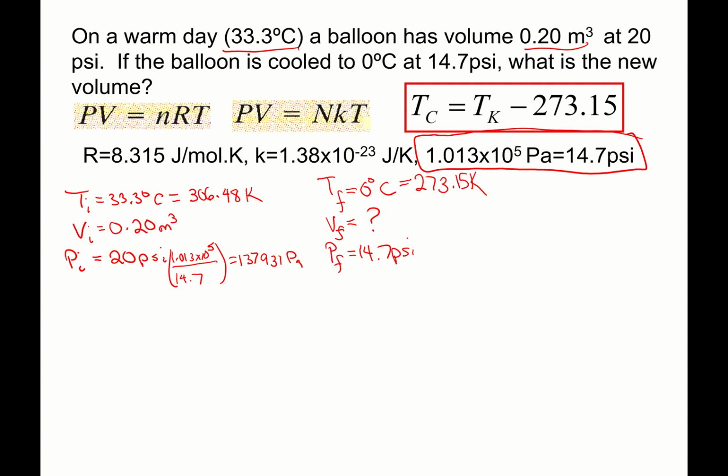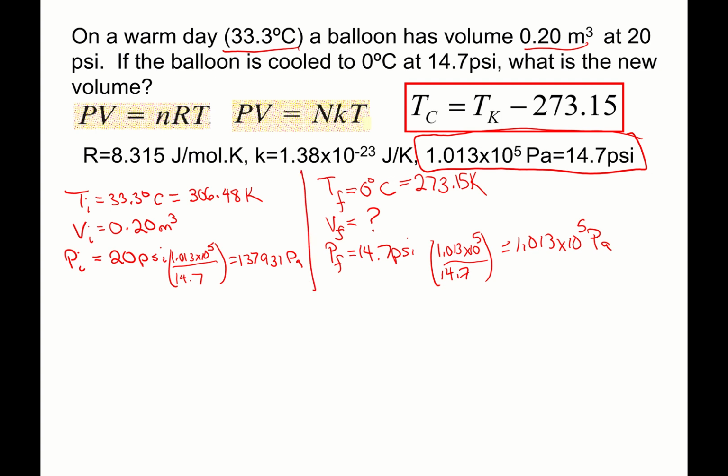And the final pressure, well, it's just going to be 1 atmosphere, 1.013 times 10 to the 5, because I'm at 14.7. Okay, so now we've got all our numbers in the right units.